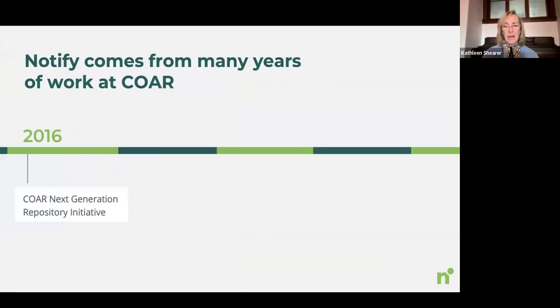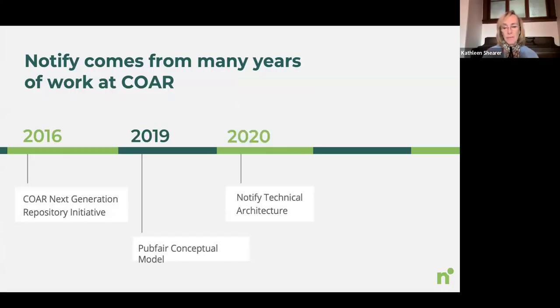And it comes from a number of years of work that we've been doing at COAR. In 2016, we launched the Next Generation Repository Initiative, looking at what are the future roles for repositories. And one of the major use cases that came out of that was connecting the content in repositories with peer review.